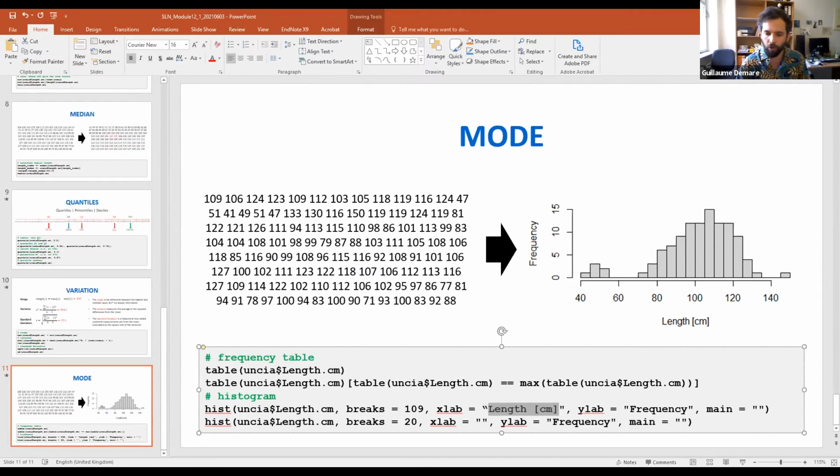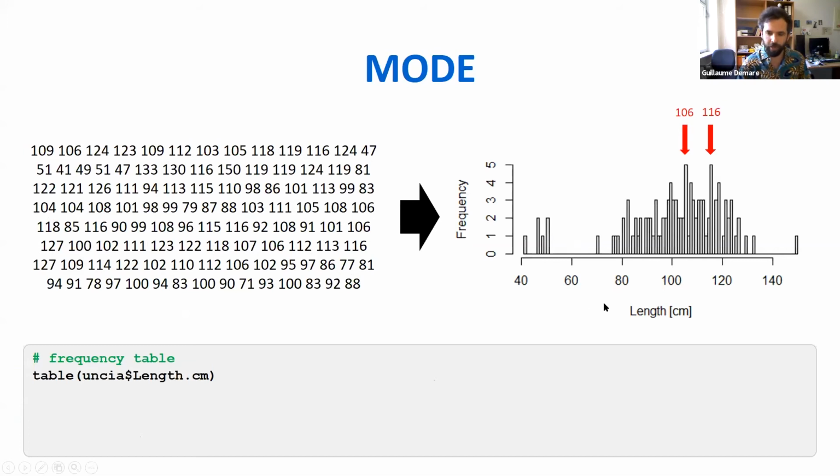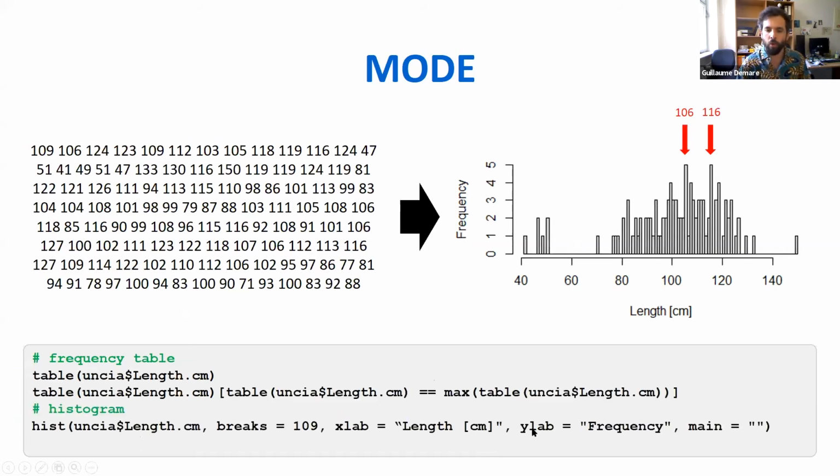This is just how I want to call the x-axis, both here and there. I'm manually putting that label here, and for the y-axis, I want the label to be frequency, and this is what it's doing on the figure. All right, so we're doing our first plot. For the main title, I don't want any title for the plot, so I put main and I put something empty.